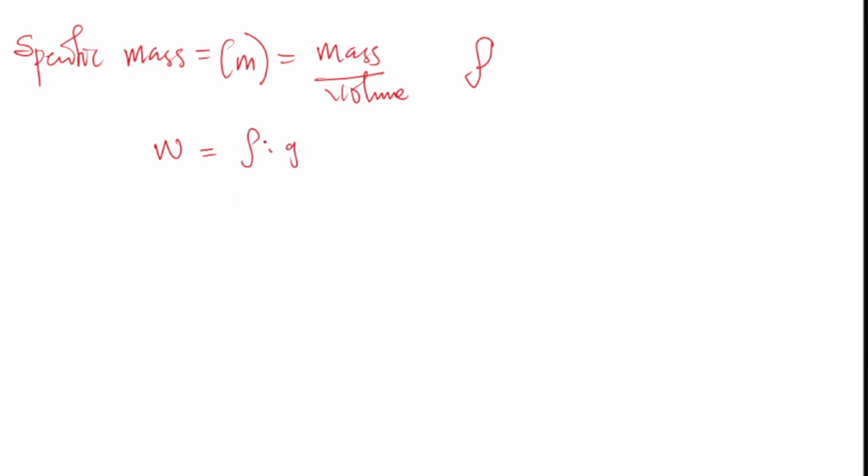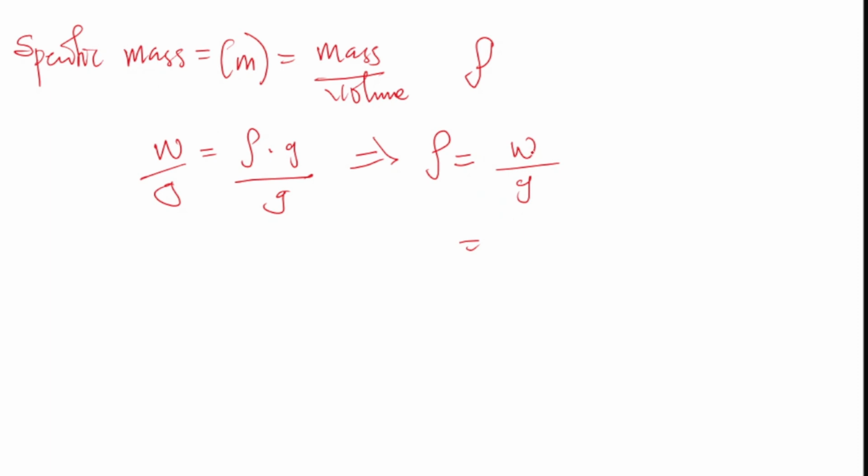Now, from what we have here, if you divide here by gravity, you divide here by what? Gravity, you simply have that density will now be equal to what? Weight over gravity. But remember, what is now density here? Density is the same thing as what? Specific mass. Am I communicating? So if we have that, this will simply give you what?